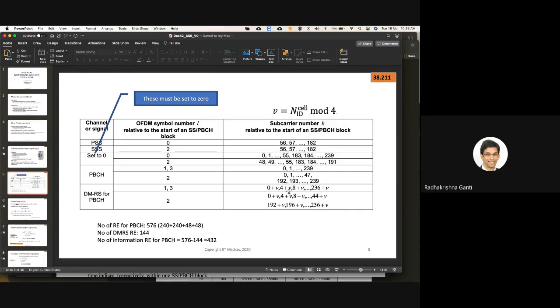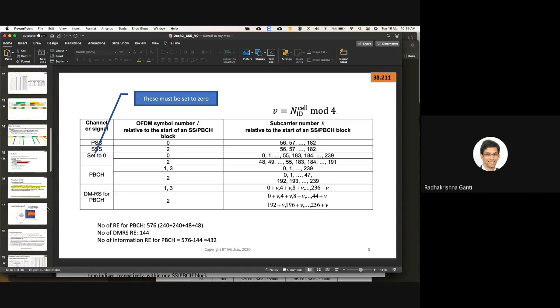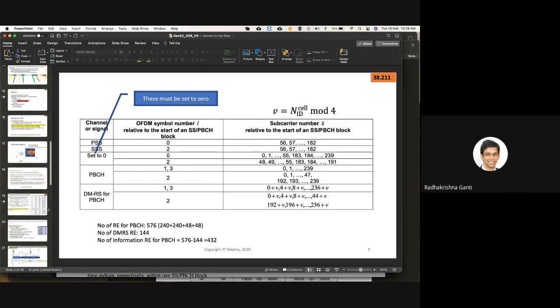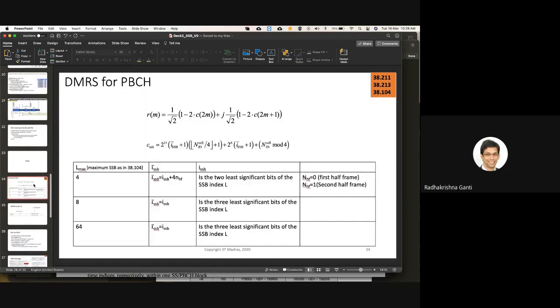You first have to get the location of these pilots. Once you get the location of the pilots, you use them to do channel estimation and other things. But they also encode this information in the random seed of the pilots.